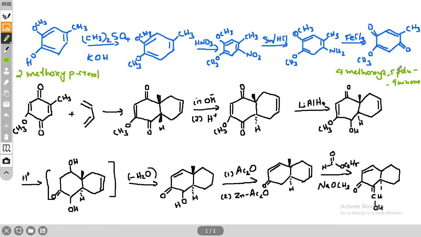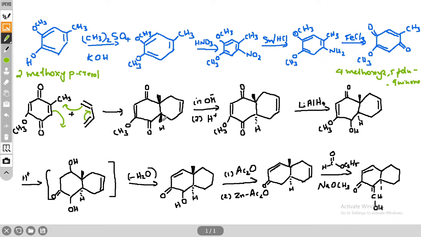Then this methoxy-toluquinone will react with this compound, 1,3-butadiene. So a Diels-Alder reaction takes place. Then the reaction will be like this. This bond will shift here, and this bond will shift here, and this Diels-Alder adduct is formed.